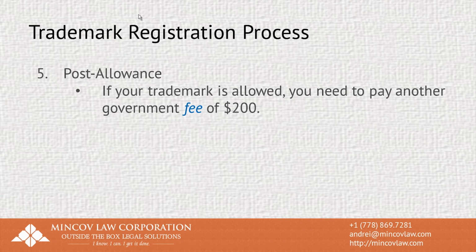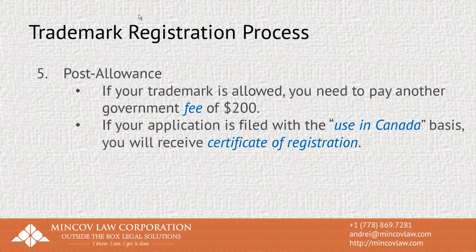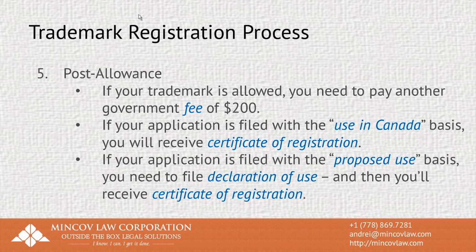At this point, if you filed your application based on the use in Canada basis, you will get the certificate of registration of your trademark. If you file the application based on the proposed use basis, you will need to file a declaration of use, informing the Canadian Intellectual Property Office that you have started using your trademark.